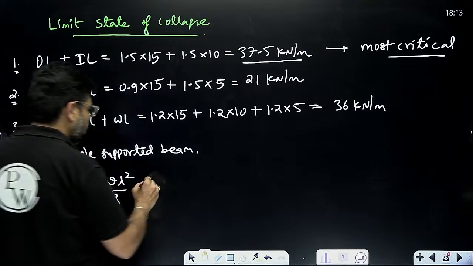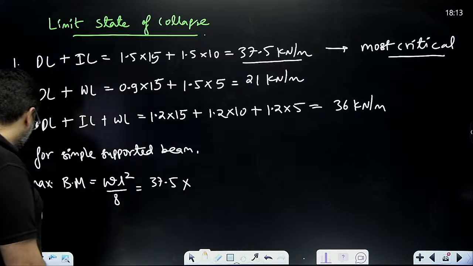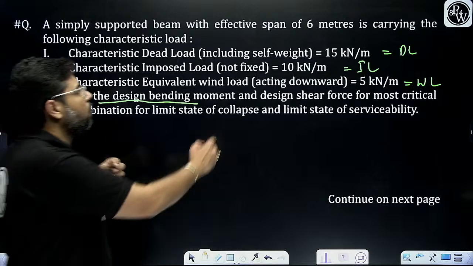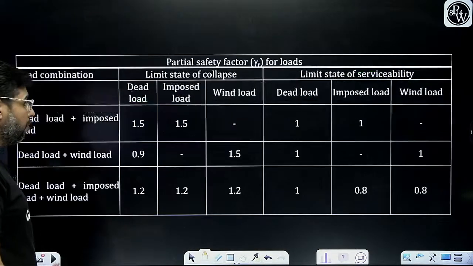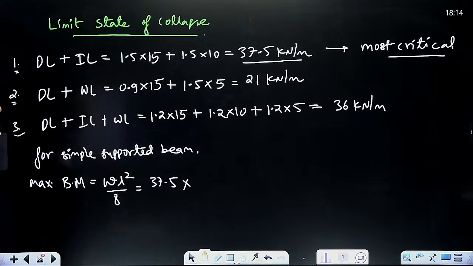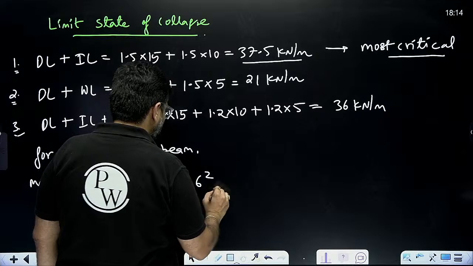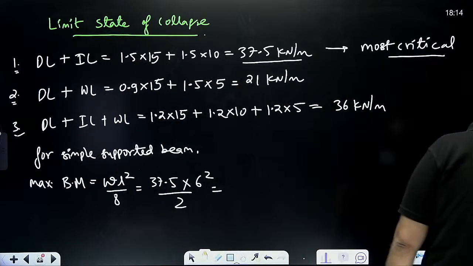W is the load, that is 37.5. This you have not calculated, Mr. Abdul. This span was given to me 6 meters. So we have to find out the maximum bending moment and shear force. Maximum shear force will be at the support, that is WL by 2. 37.5 into 6 square by 8. How much are you getting? Tell me fast. This is my final answer, 168.75 kilonewton meter.